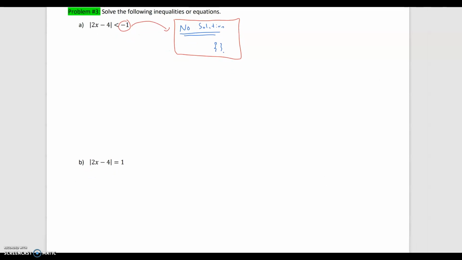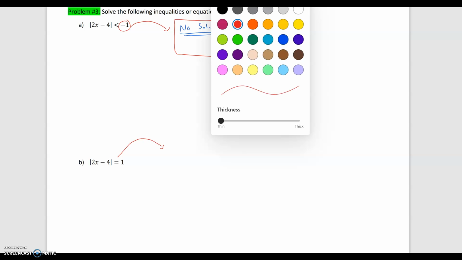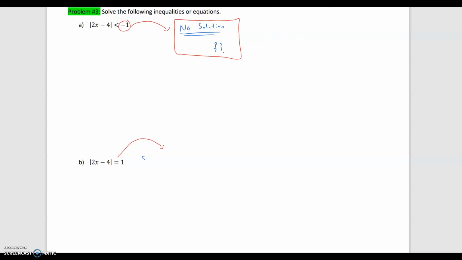And then B is actually set up okay because you have an unknown, distance of an unknown equal to 1. So in this case, we're going to actually solve the following two equations. So we're looking at 2x minus 4 is equal to negative 1, or 2x minus 4 is equal to 1. And then we're solving each of these.